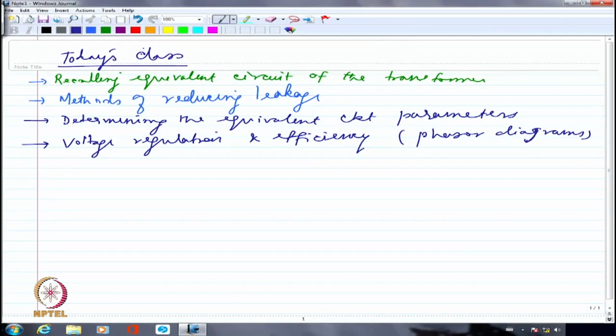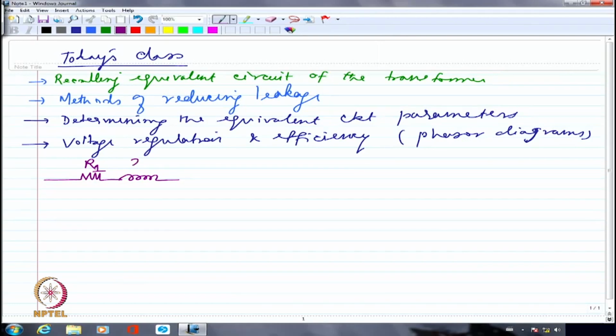Right? Okay, so in yesterday's class, we said that when we draw the equivalent circuit of a transformer, we are going to first of all consider the resistance of the primary winding, then the leakage reactance of the primary winding as well.